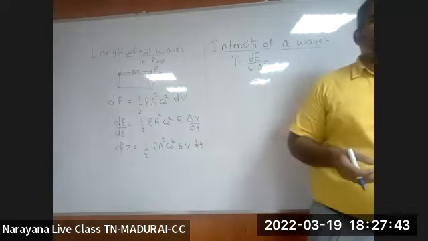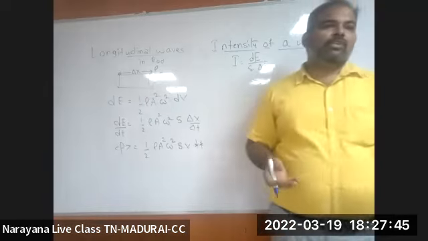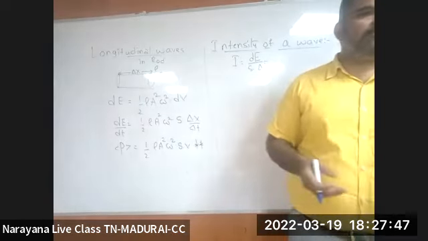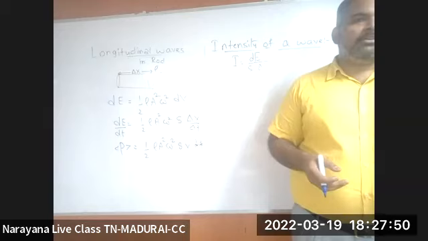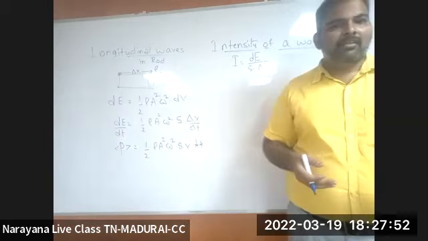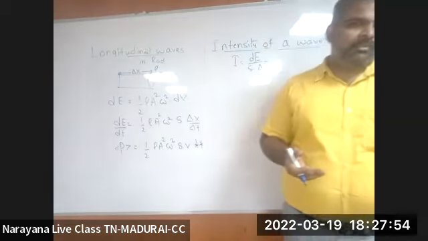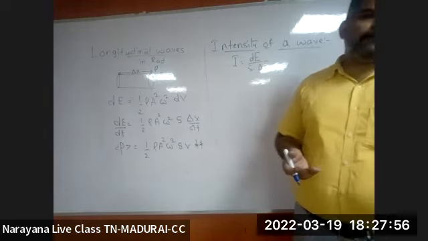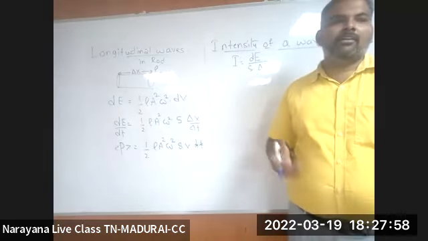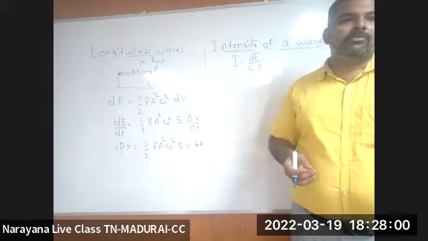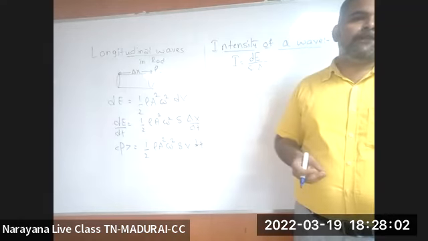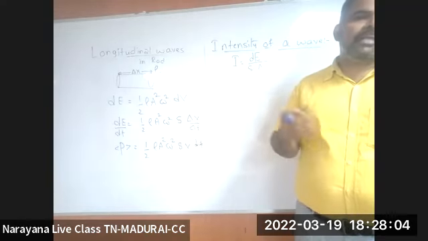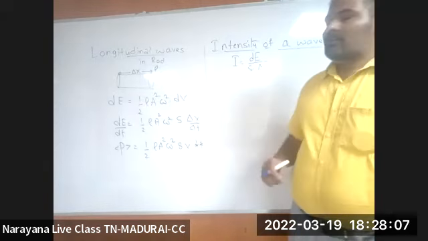But if I attempt that, will I be alive? No, sir, not possible. Because more energy is required. So different sources of sounds, different sources of waves are classified based on the property called intensity.